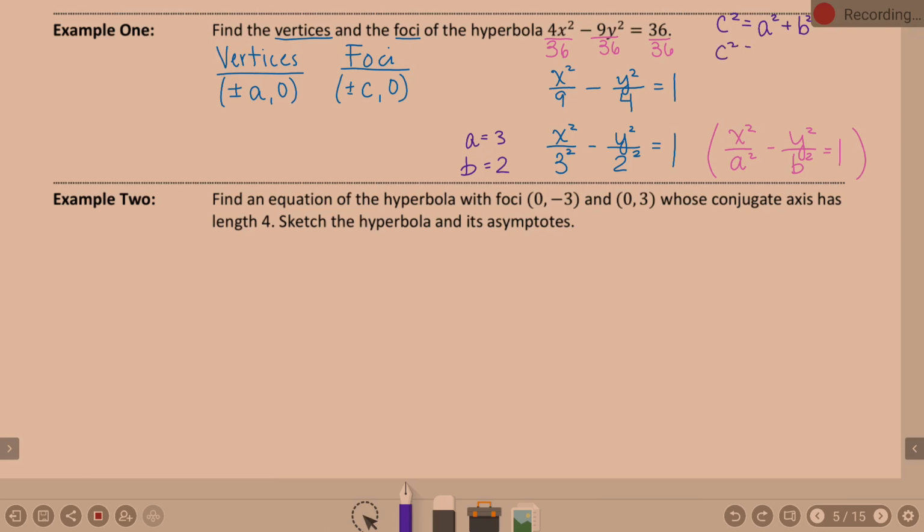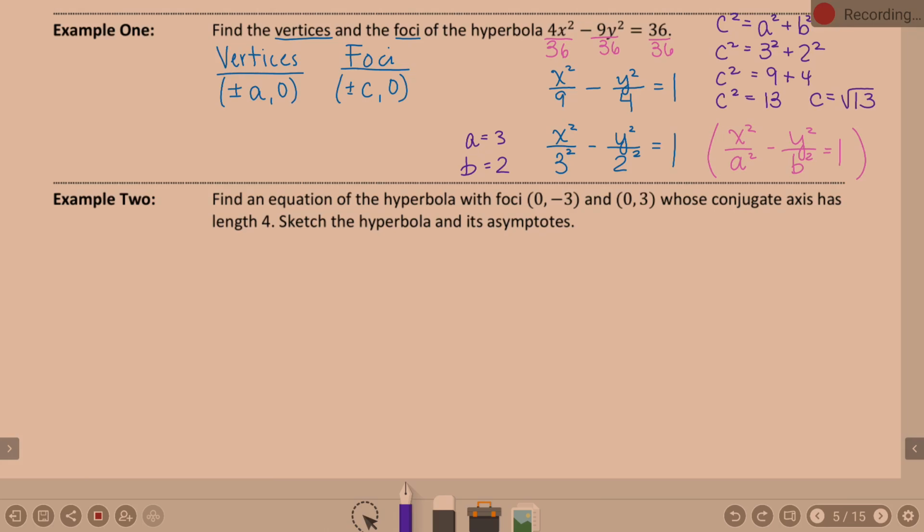So c squared equals 3 squared plus 2 squared. 9 plus 4. If c squared is 13, then c is the square root of 13.